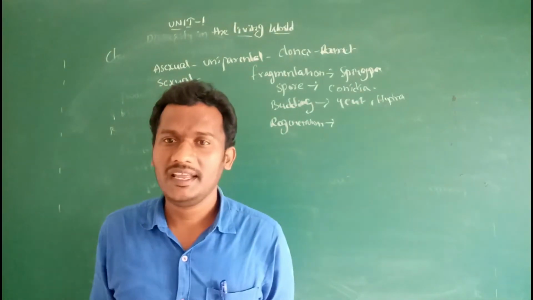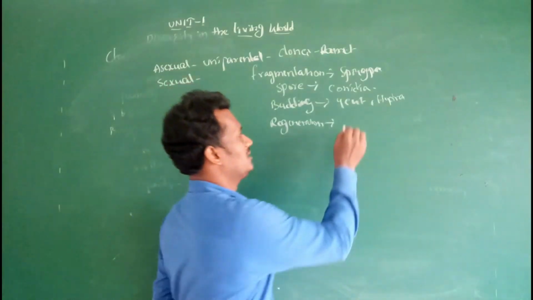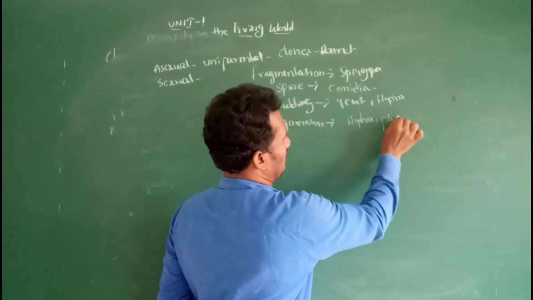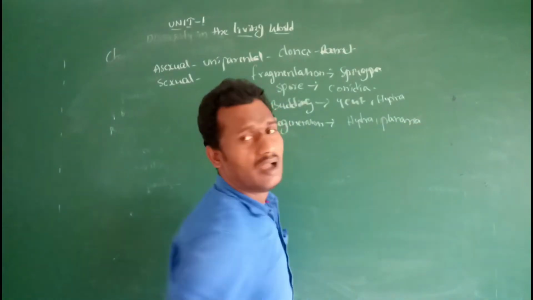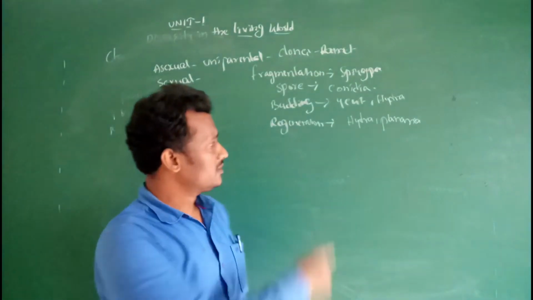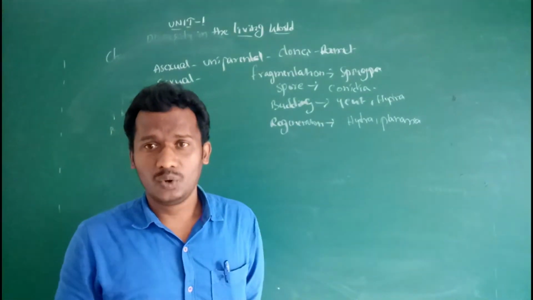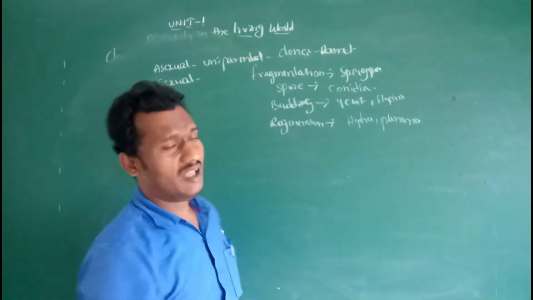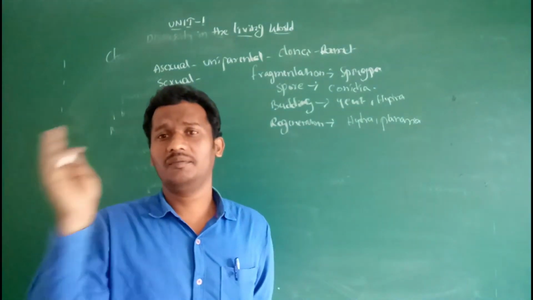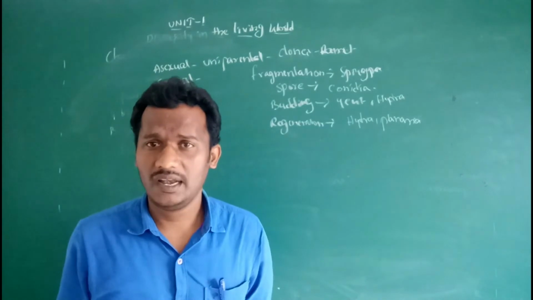This is called regeneration. It mainly takes place in hydra, planaria, some diatoms, etc. Regeneration was first discovered in hydra. True regeneration takes place in planaria, that means a single fragment develops into an entire organism.